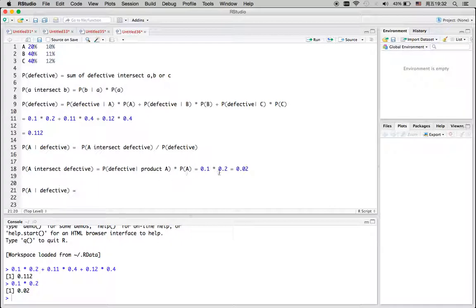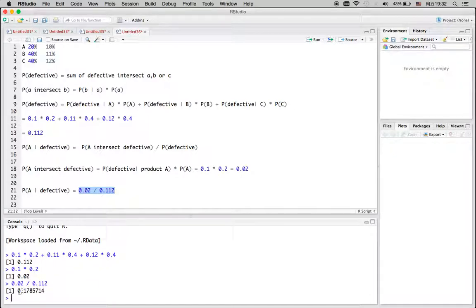So this will be 0.02 divided by the probability of a product that is defective, which is the number that we calculated in the previous question. So here you can see that, given that a product is defective, what is the probability that this product comes from product A? We can see that it is 17.8%.